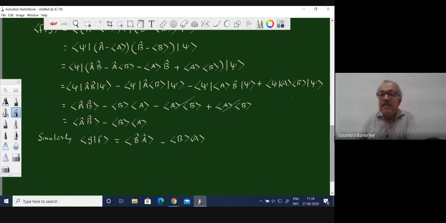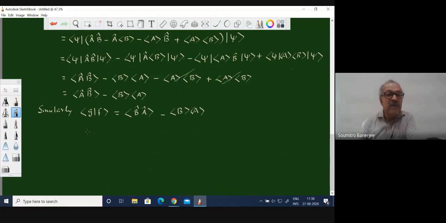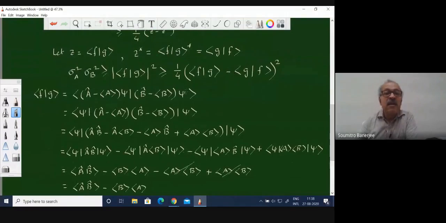We started with saying that this, right? So this is what I have to alternatively write. So I will substitute this into these positions to give sigma a square sigma b square greater than or equal to 1/4 of this, right?